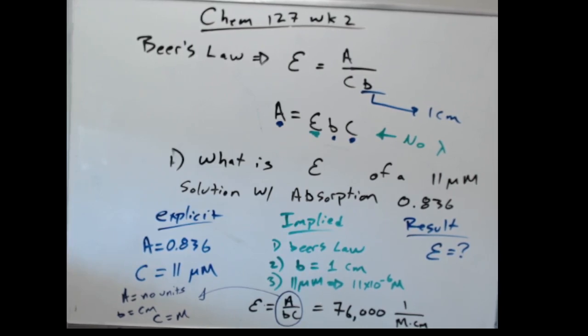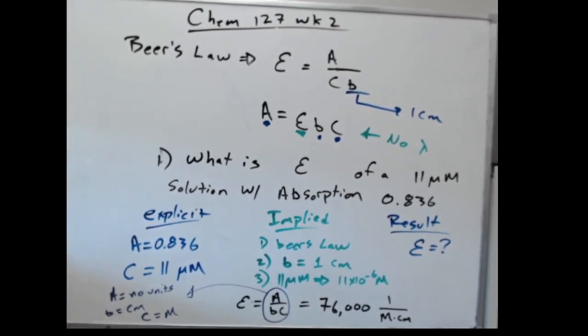Now, you'll see this written different ways in different places. Sometimes you'll see this written down as liters, moles, centimeters. All they've done is taken that capital M molarity and turned it into moles over liters and rearranged it.